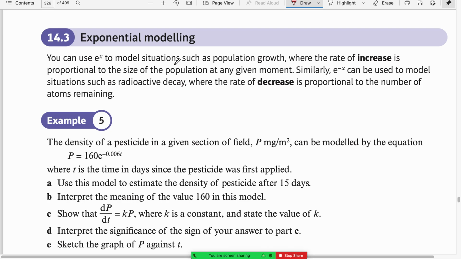Now, exponential modeling, you would have heard this thing sometimes. For example, if you consider an area you prefer to live in, you might consider that the living cost in that area increases exponentially. How should I give a real life example?